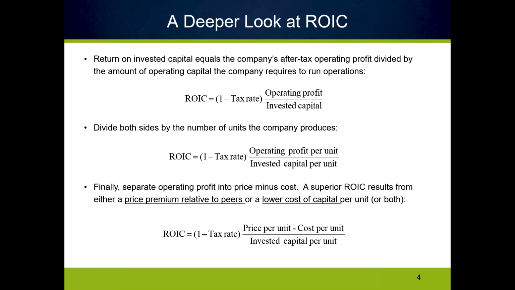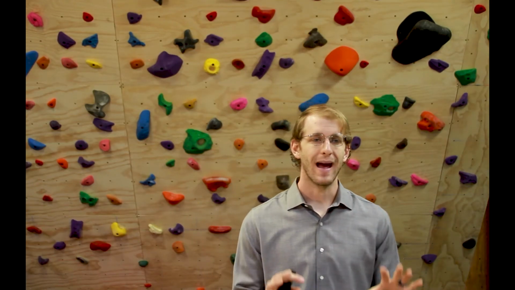Or I can use the invested capital I have to produce more units with the same amount of capital. Right? So I can use my invested capital more efficiently. Right? So now I have three distinct strategies whereby I can try to affect one of these different inputs in order to increase return and hopefully generate an increase in value.